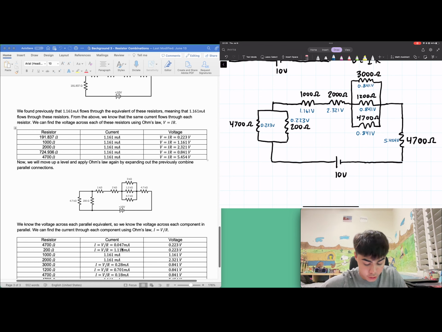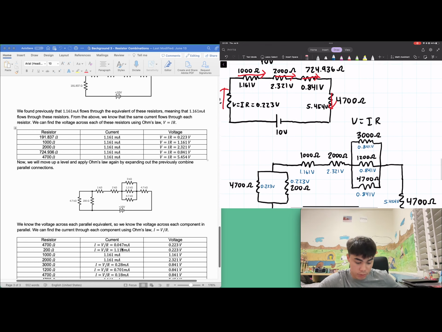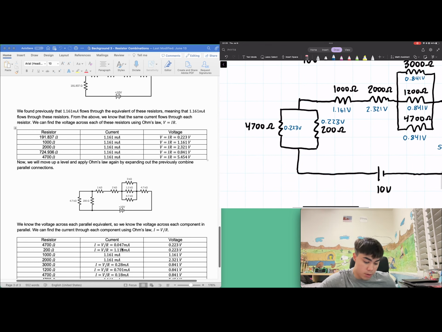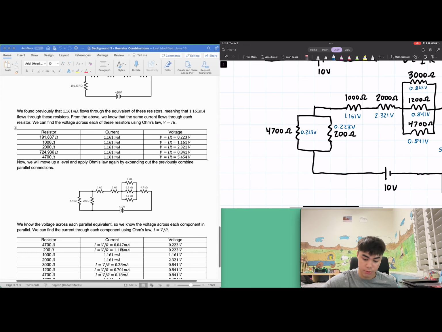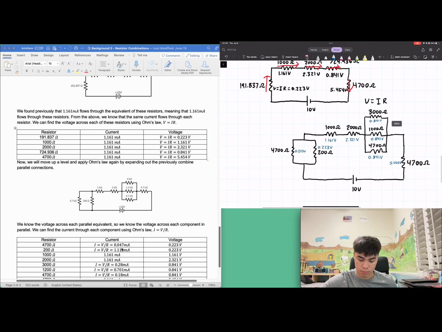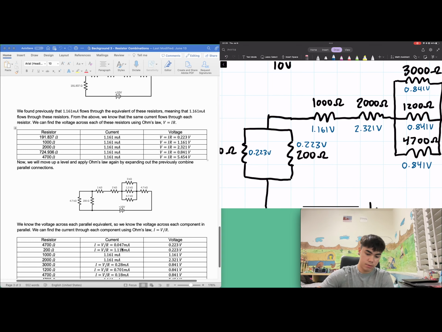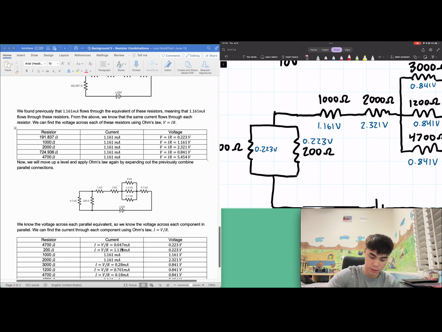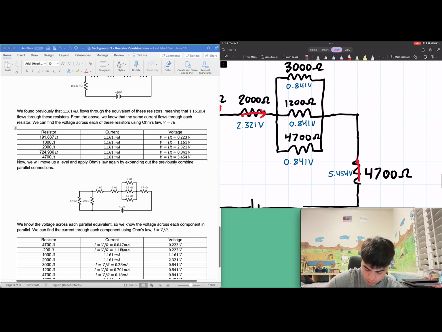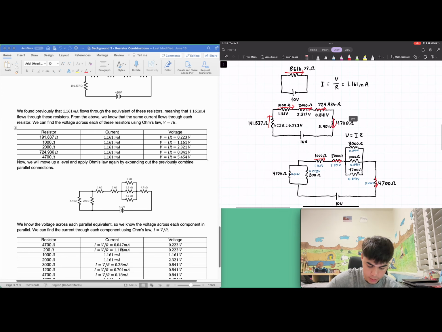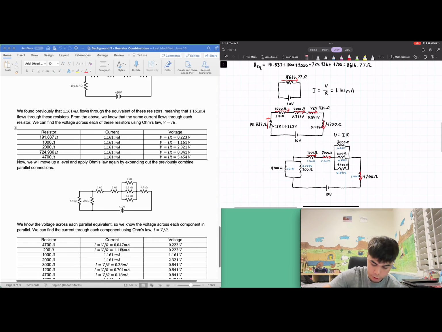Now that I've redrawn the circuit with all the resistances and voltages, I will use Ohm's law again to get the current through each resistor. The only thing is, we already know the current through these, because that is the same as the current above. We knew the current from here, and that carries to there, and it'll carry to here again.